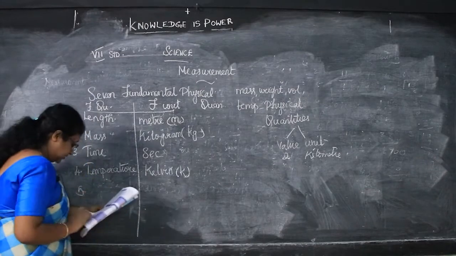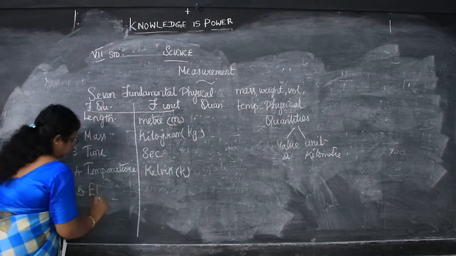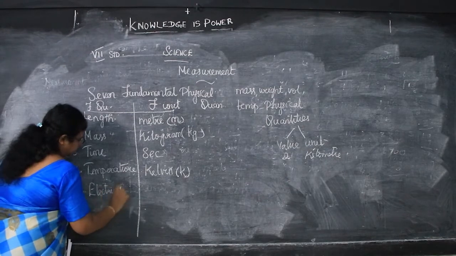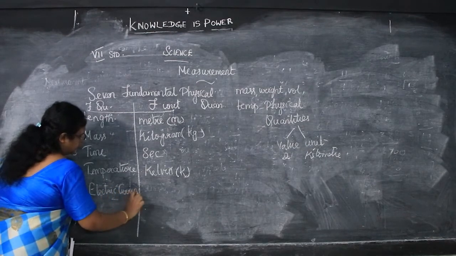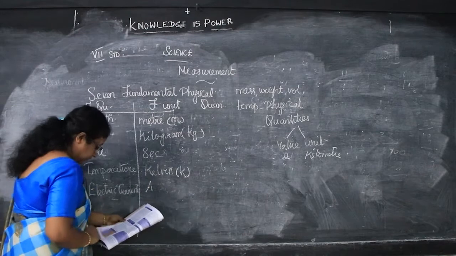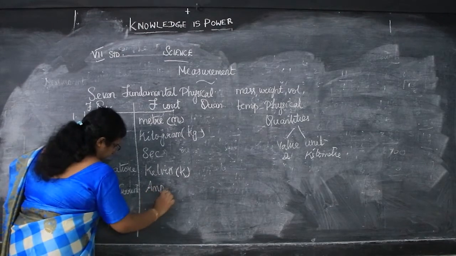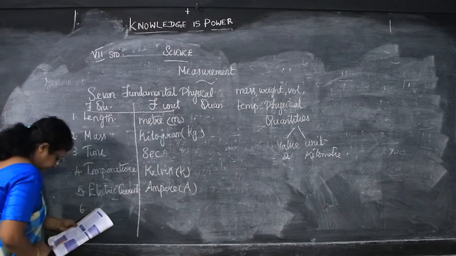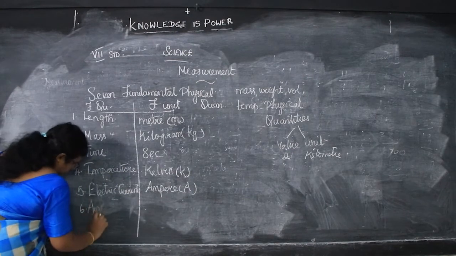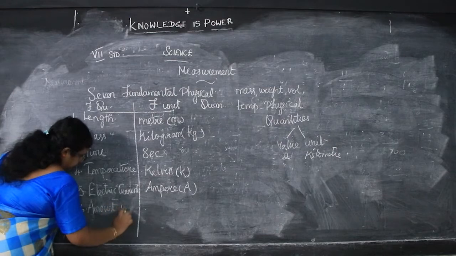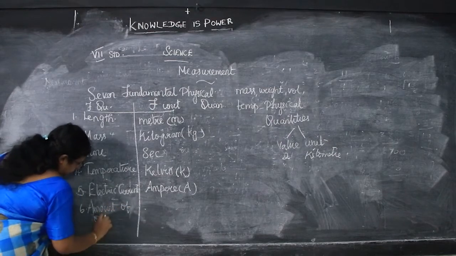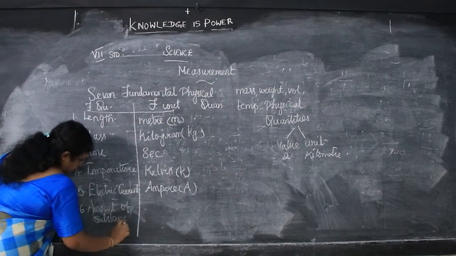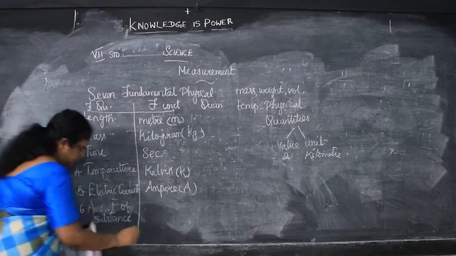The next is electric current. The unit is ampere. What is the unit for electric current? Ampere. Then amount of substance. For this, what is the unit?